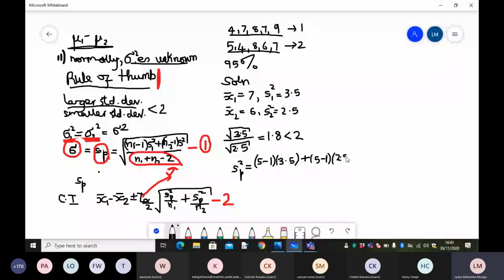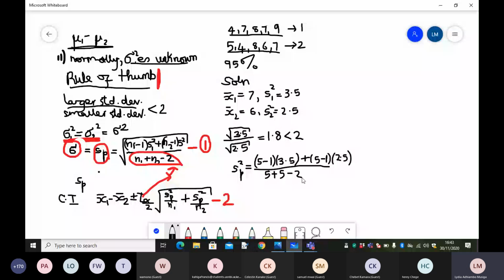All over N1 plus N2 minus 2. So that is going to be 5 plus 5 minus 2. And if we calculate this, we find that SP squared is none other than 3.